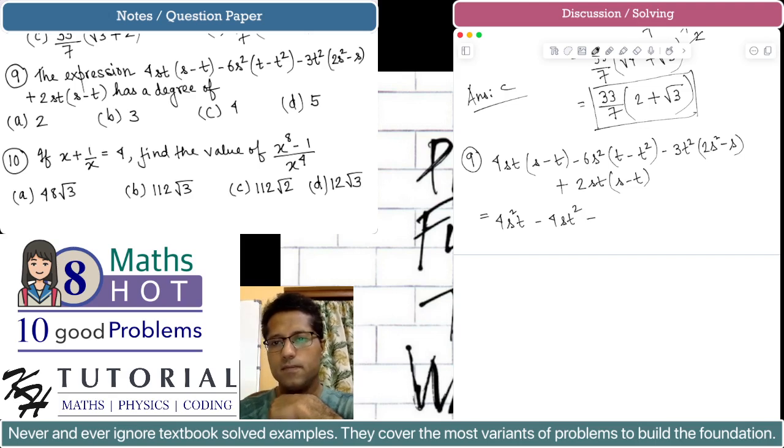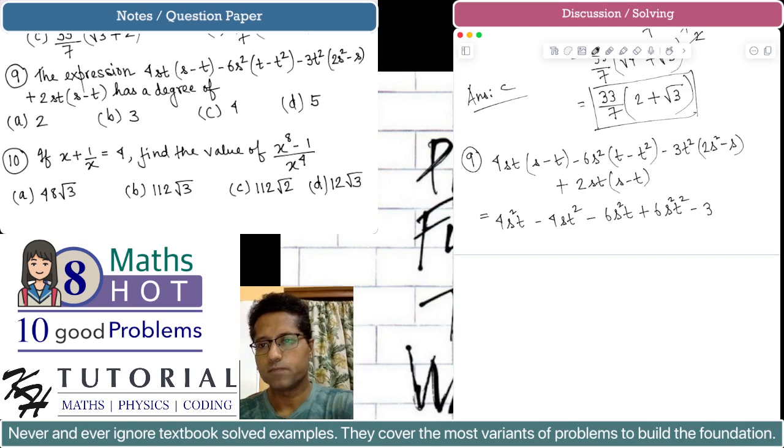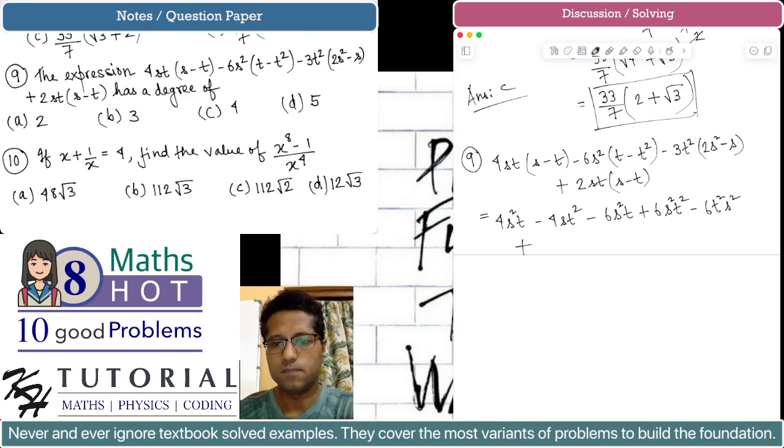This will be minus 6 s square t plus 6 s square t square, and then minus 6 t square s square plus 3 t square s plus 2 s square t minus 2 s t square.